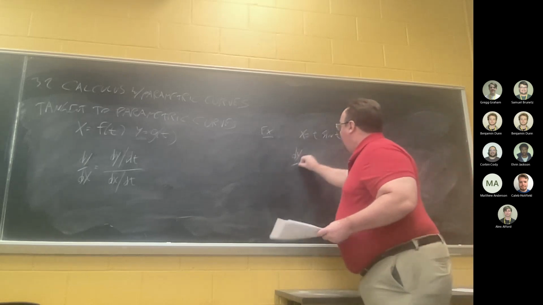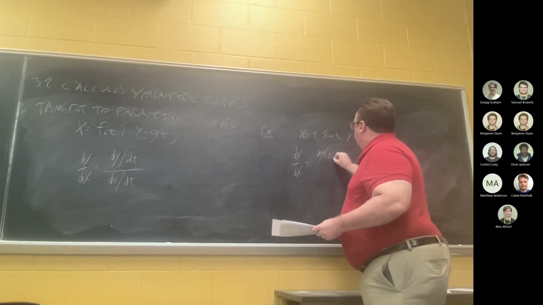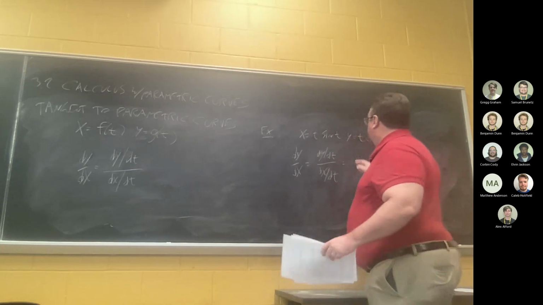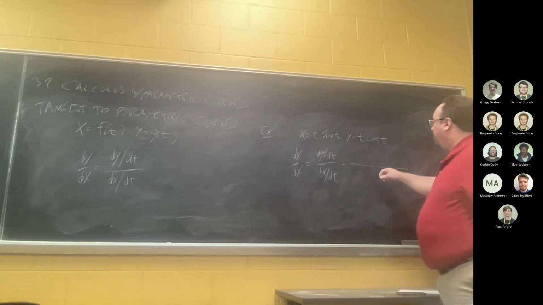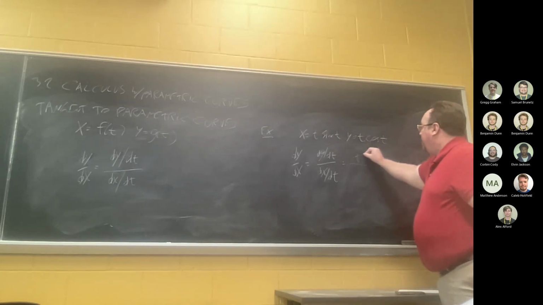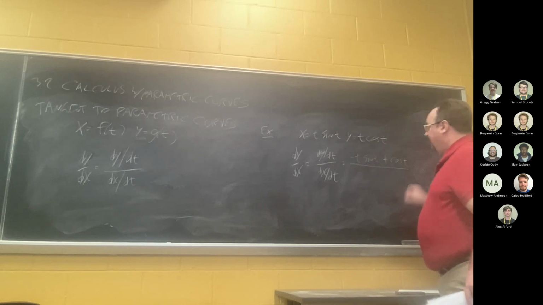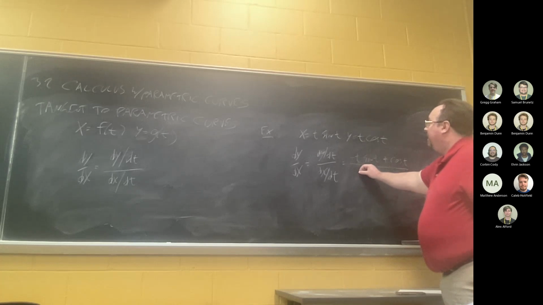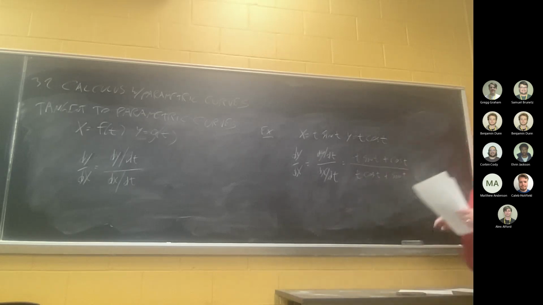So dy/dx is equal to dy/dt over dx/dt. We can fill in what those were from before. I'll just repeat the product rule. Up top we have minus t sine t plus cosine t, and then down below we have the derivative of x, so that's t cosine t plus sine t.